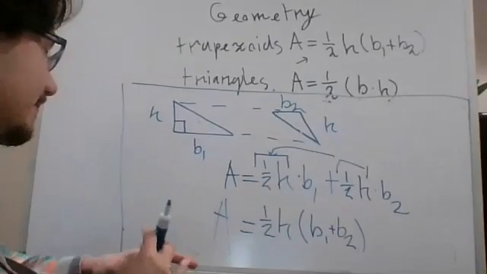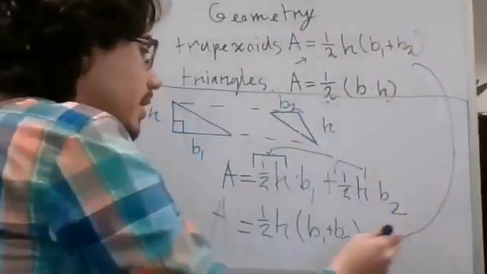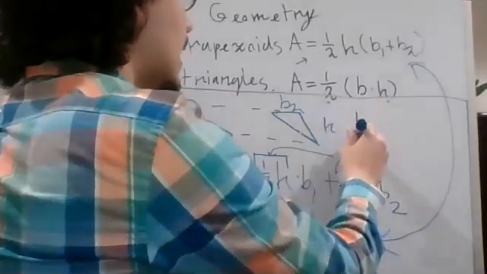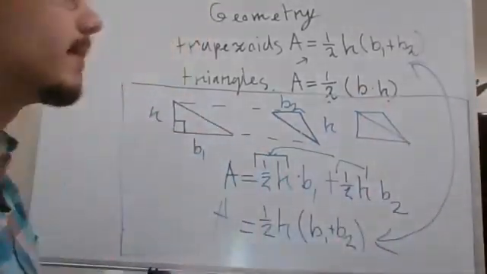And that is, if you recognize it, the area of a trapezoid. So take these two triangles together and you can get a trapezoid.